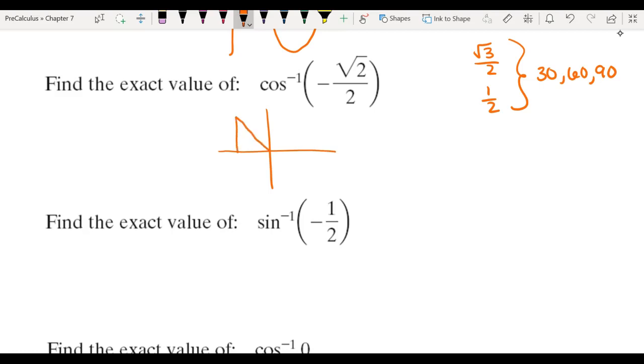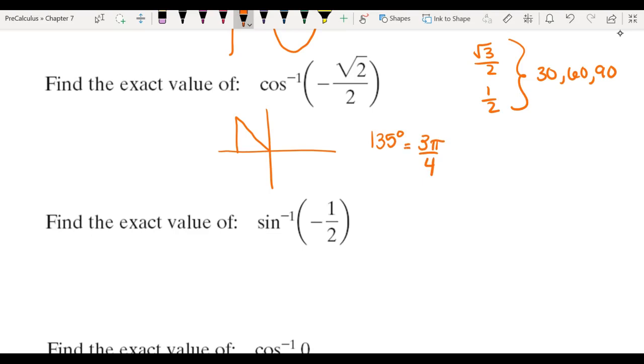So cosine is negative here. And they just want the first time that it's negative. Okay, so we're just going to go in the second quadrant. We know it's a 45-degree angle in the second quadrant. So how many degrees is that going to be? It's 135 degrees, which is also 3 pi over 4.